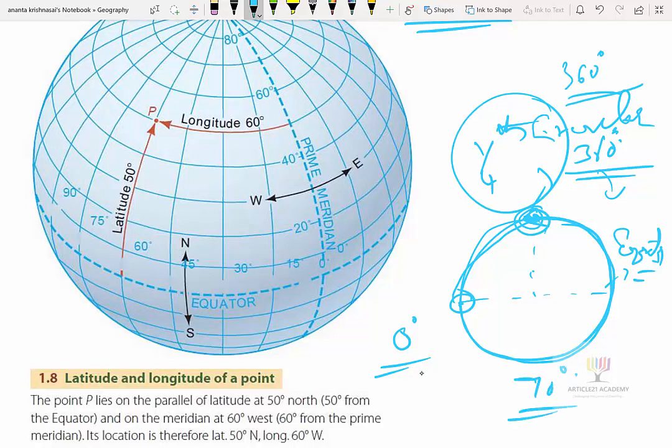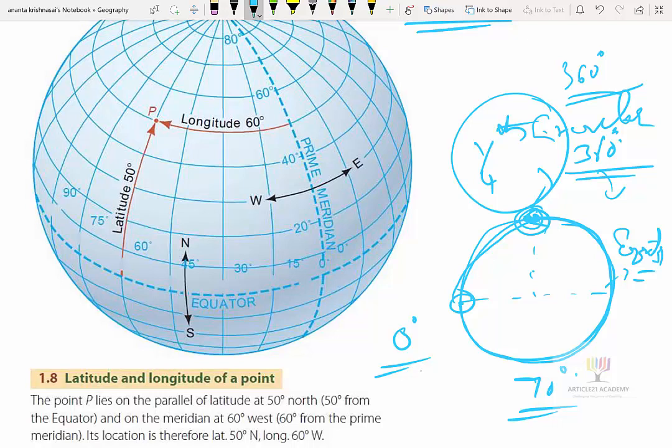And because of this, we find that the latitudes are being pointed only with 0 degrees, ranging up to 90 degrees. So 0 to 90 degrees is the range that we find for all the parallels in both the hemispheres, southern hemisphere and northern hemisphere.